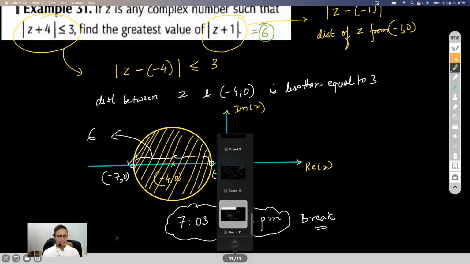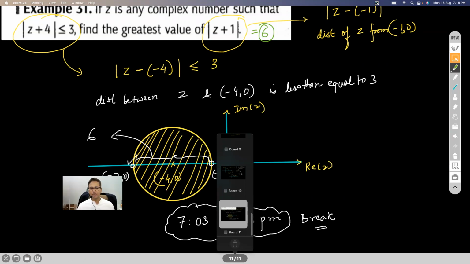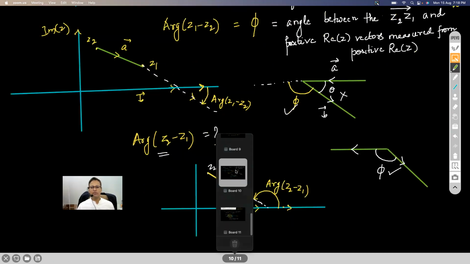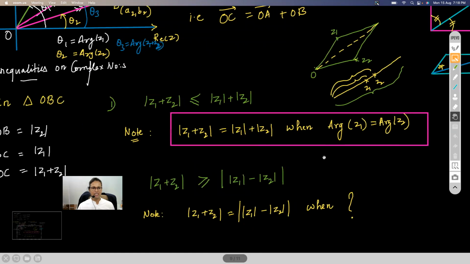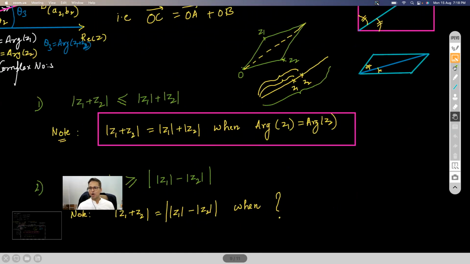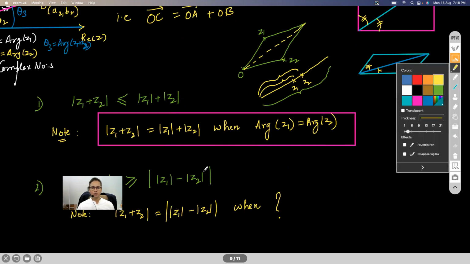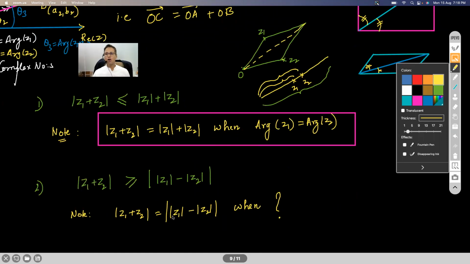Now that we have done the subtraction of complex numbers, let's go back to the previous slide to answer that unfinished condition. So I'd asked you this question: when is modulus of z1 plus z2 equal to the difference of modulus of z1 and modulus of z2?